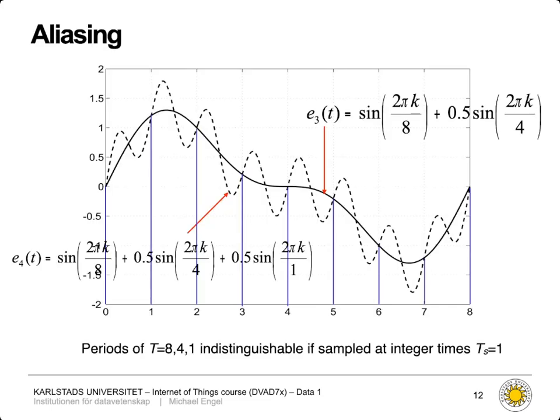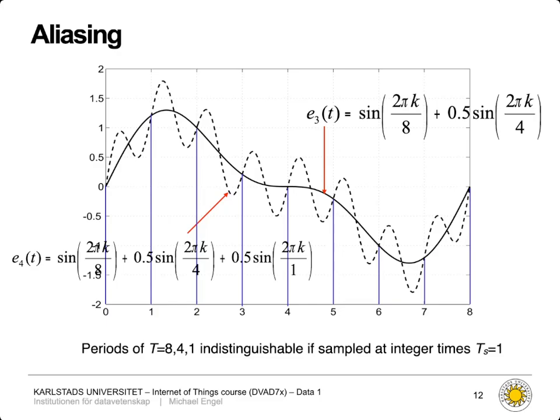So what problems can show up? Now, let's assume we have two different signals here. We have a signal E3 of t, which is the black line. E3 of t, you see, has a relatively low frequency. And we have another signal, which is the dotted line, which is E4 of t. And you see E3 of t and E4 of t are relatively similar.